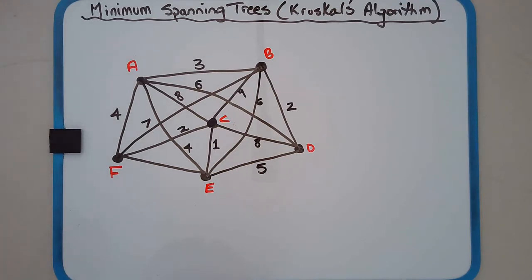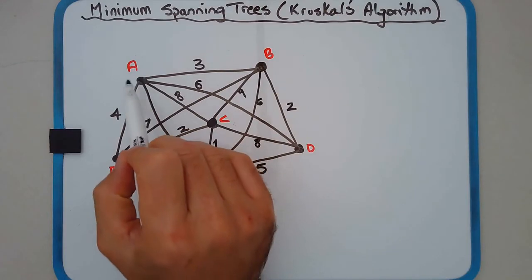Also remember the definition of a tree: it's basically the minimum number of edges needed to link all the vertices in such a way that there are no cycles, multiple edges, all that kind of thing. So it's just a simple network with the absolute bare minimum of edges to link the whole thing together.